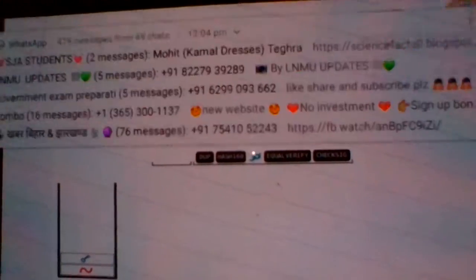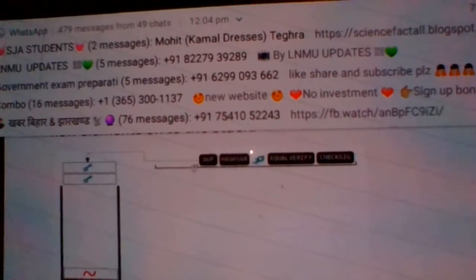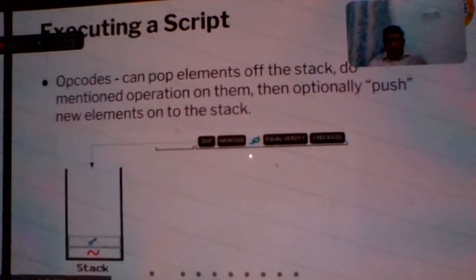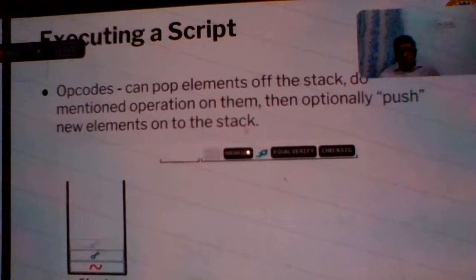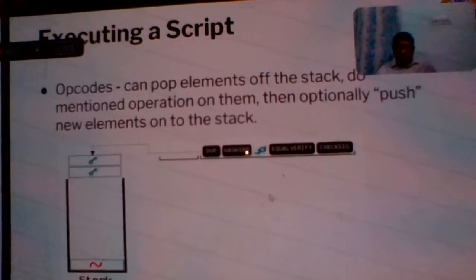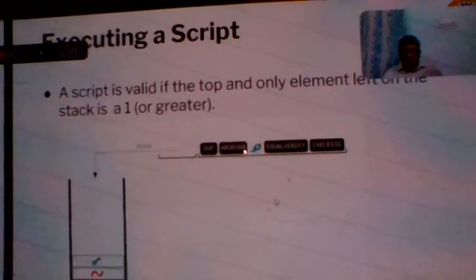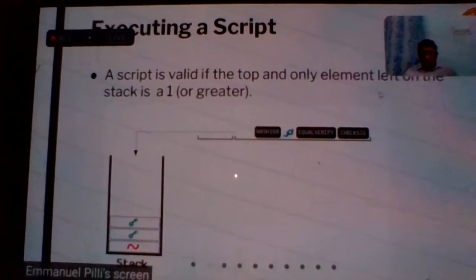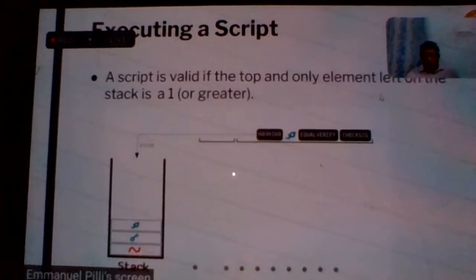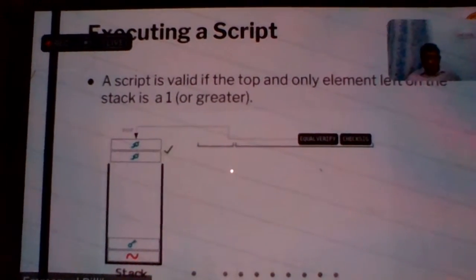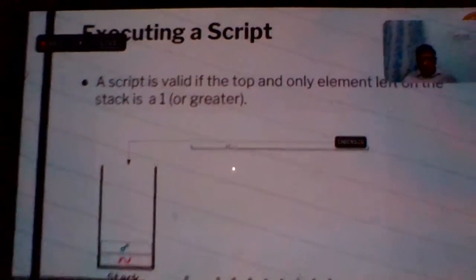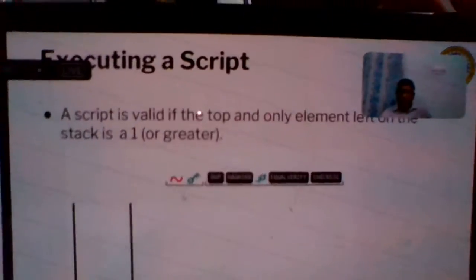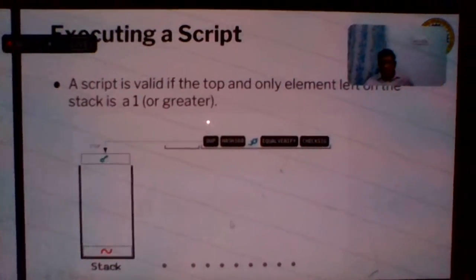The opcodes can pop the elements, and can optionally push new elements onto the stack as well. A script is valid if the top and only element left on the stack is a 1 or greater. So finally you get 1 or some greater value and the stack is empty. So you just understand what is happening.